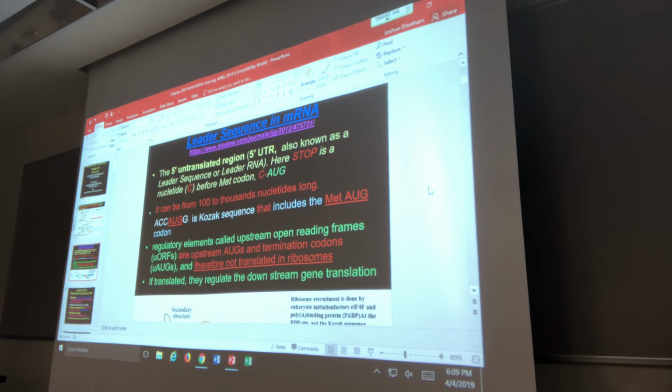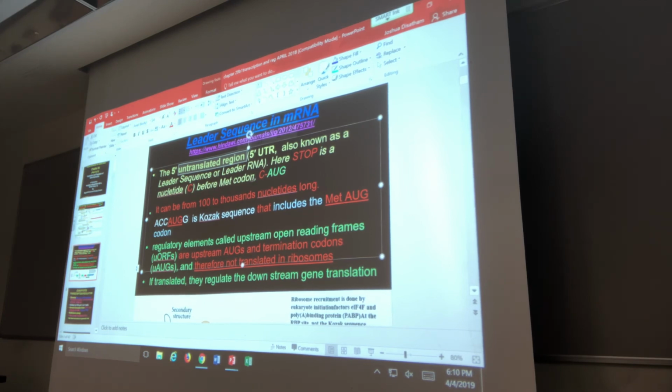This means that there's a region on mRNA called the 5' untranslated region. This is a region on mRNA that is before the start codon, and I know that's a chapter 30 term, but they're basically saying that not everything is translated in mRNA, that there is a particular region on it that will not be translated, and that is called the 5' untranslated region.